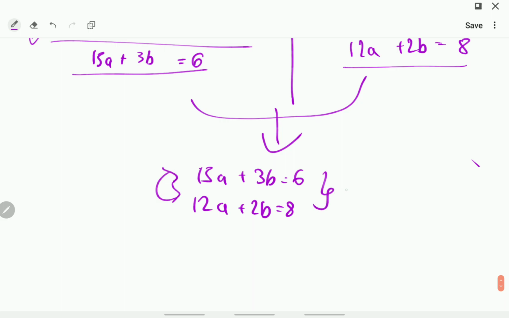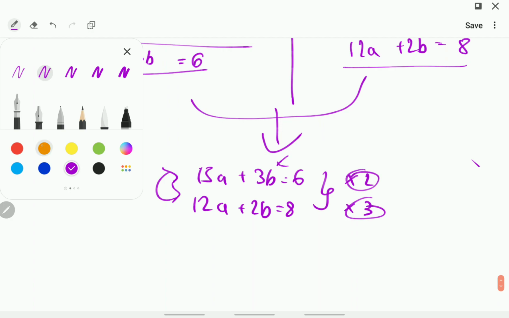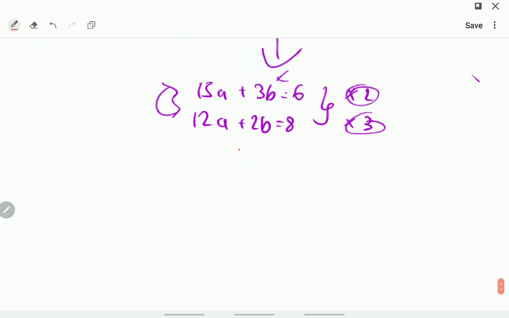Now we can solve them simultaneously by multiplying this by 2 and this by 3 so we can eliminate b. Multiplying the top, it's going to be 30a plus 6b is equal to 12, and 36a plus 6b is equal to 24.